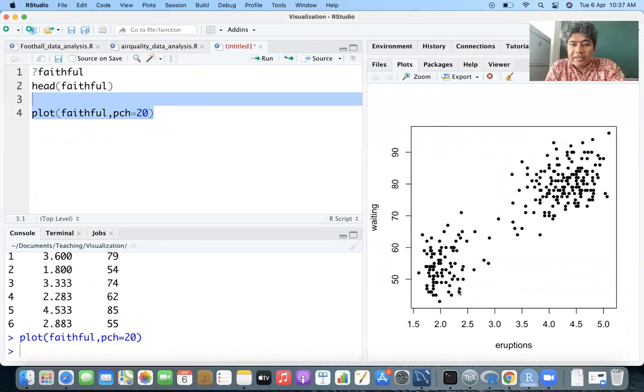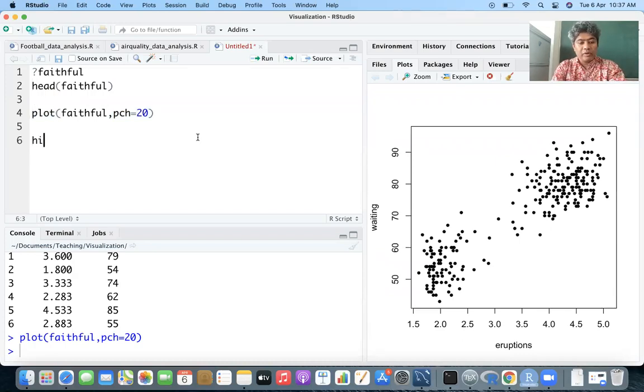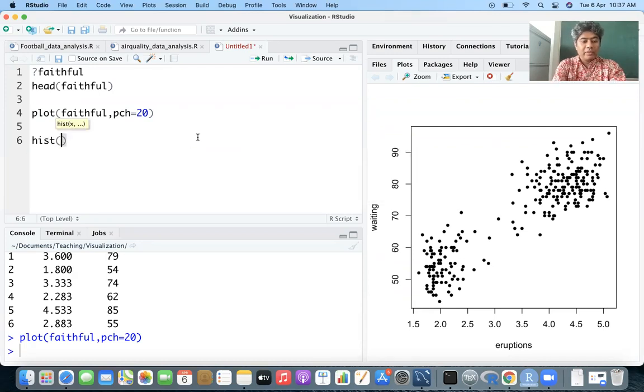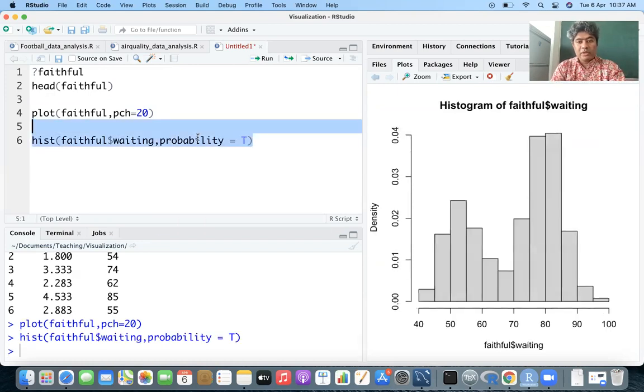see that there is a sort of two subpopulations going on. And then if you just do a histogram of waiting with probability equal to true, then what happens? You can see clearly there is a bimodal behavior.